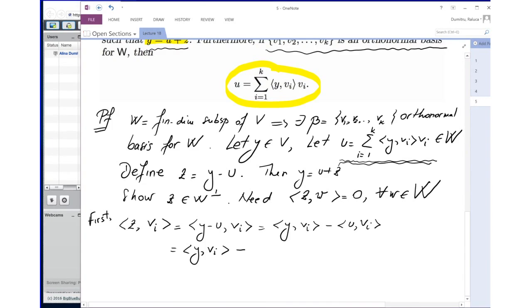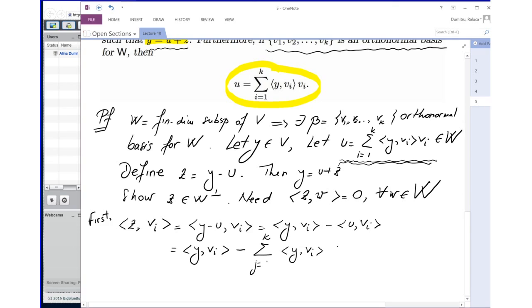It's a linear combination. It's in the first entry of the inner product, so it's going to distribute, right? So it's going to be the sum, i equals 1 to k, of the coefficients, y inner product with Vi. Well, I cannot use the same i, right?